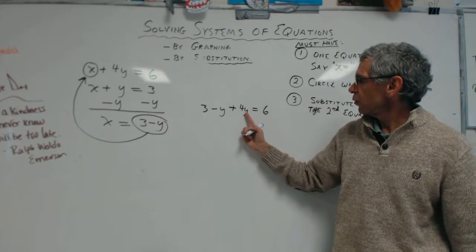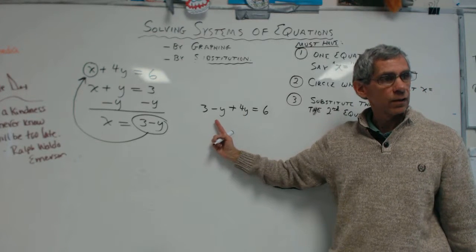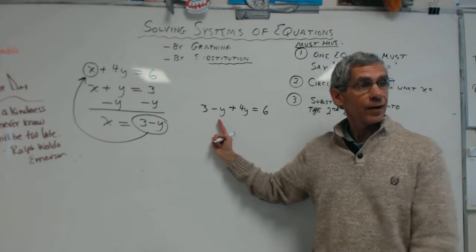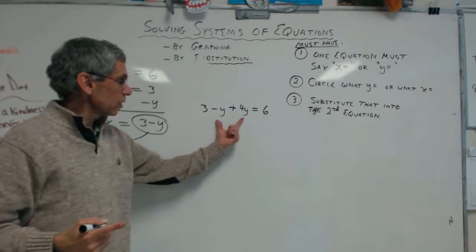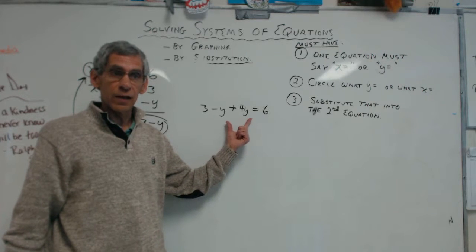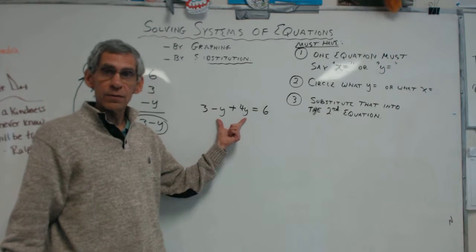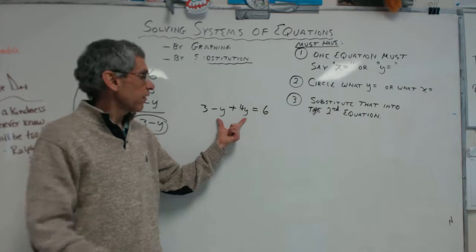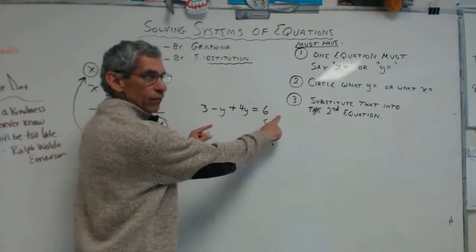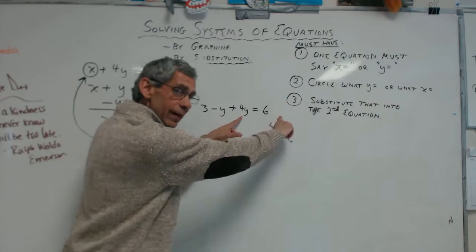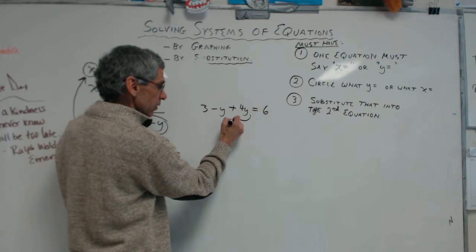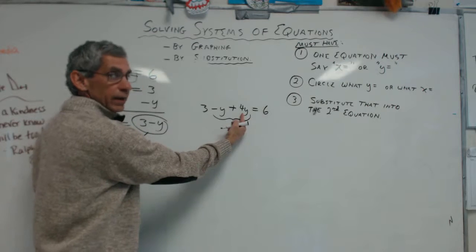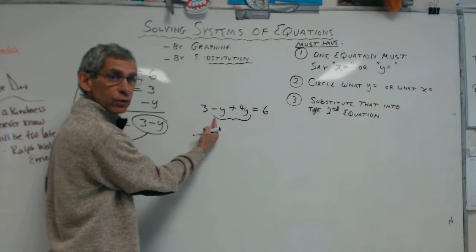So what is 4y minus 1y? Wait, but look, they're both on the same side of the equal sign. Can't I combine them? It should be 3y? If I added y to both sides, I'd have to subtract them again. Yeah, you can combine them. 4 y's, and somebody took away one of them, so I have 3 y's.